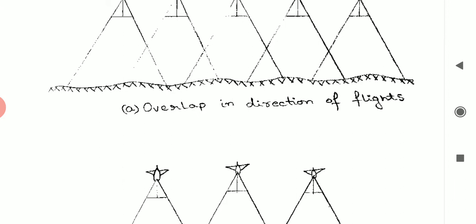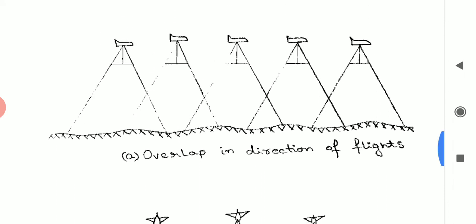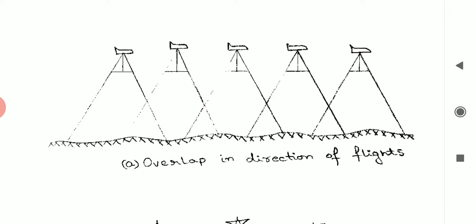When vertical photographs are to be used for the preparation of maps, photographs are taken at the proper interval, and each strip is spaced at a predetermined distance to ensure the desired side lap between adjacent strips.